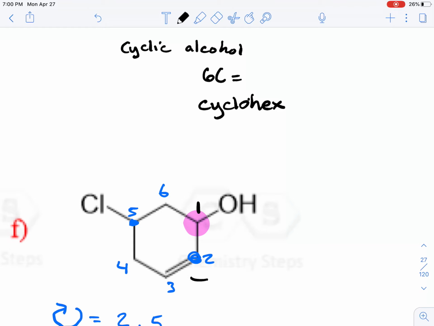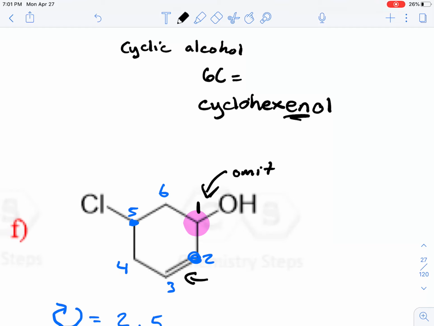And the moment I see a double bond, I know I'm going to put in ene as my ending, not ane. And so I'm going to go ahead and erase the E, and I'm going to add the OL. Since this is a cyclic compound, I'm going to omit that 1 on the alcohol for cyclic alcohols.